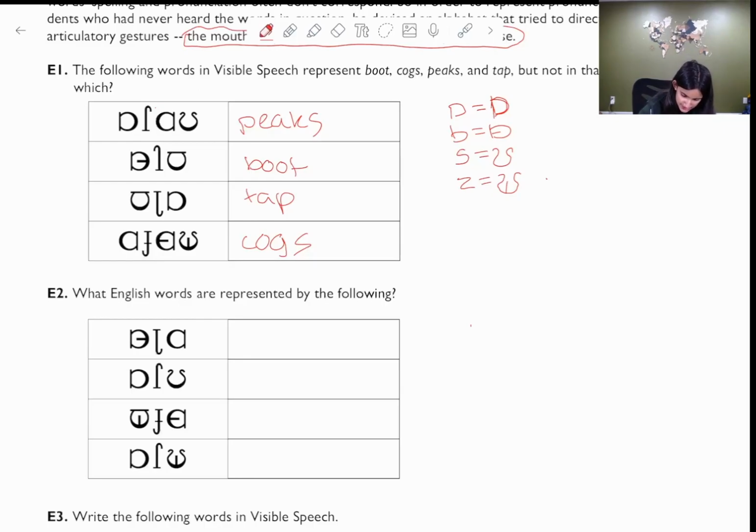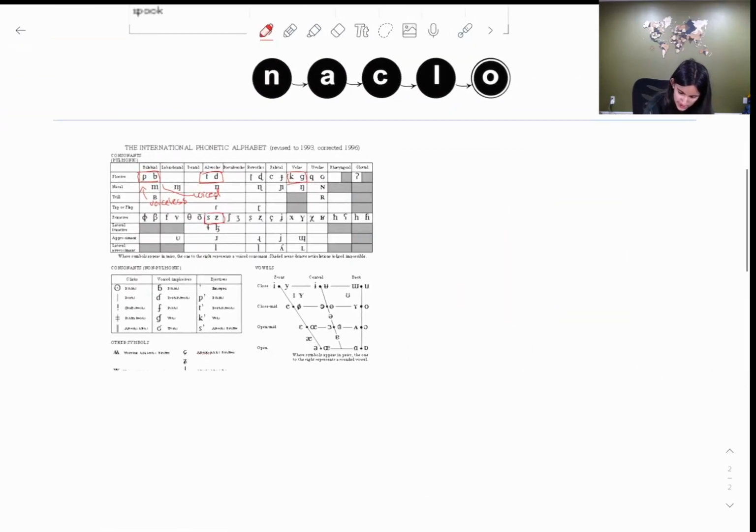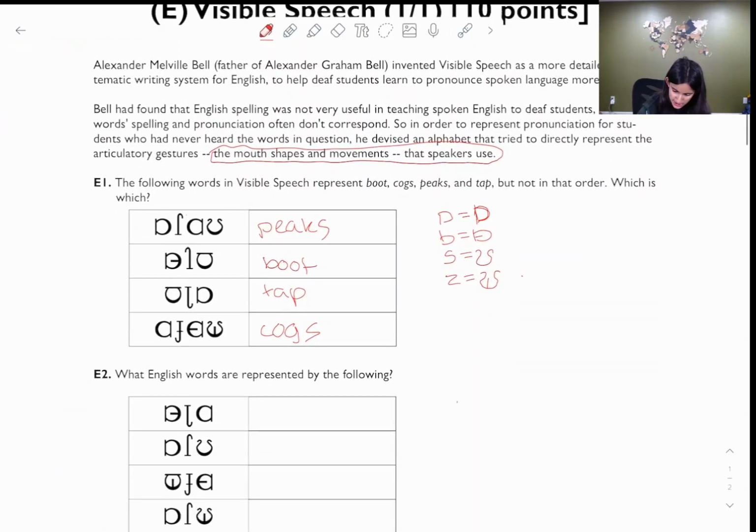Resemblance, and we also have, T is our voiceless, T is this, and its pair, which is D. We don't have a D anywhere, but I would be safe to assume that D is probably going to be this. And what else do we have?